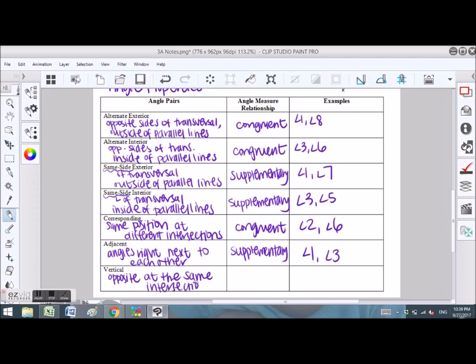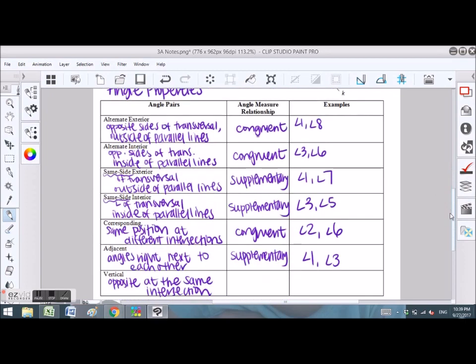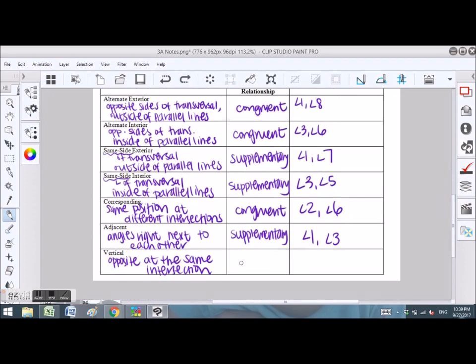So let's say we're looking at the intersection of M and K. Let's say we're looking at 1 again. What is opposite of 1? It's not adjacent, it's not right next to, it's opposite. So 1 and 4 would be vertical angles. Now notice that this angle here and this angle here are mirror images of each other. They're exactly the same. So we have congruent angle measures.